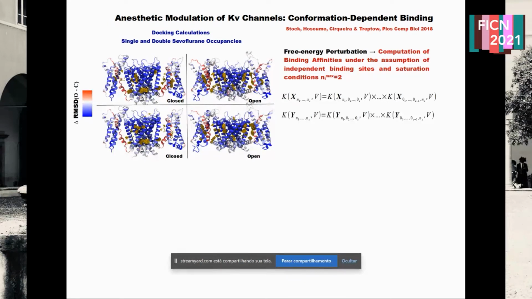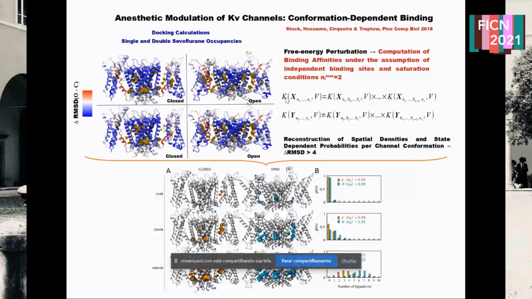Binding constants were then quantified from free energy perturbation calculations, as described before, and the probabilities were analyzed. So the three-dimensional densities as a function of the concentration show a clear difference between the open and closed states. Indeed, quantification of the occupancies as a function of the concentration shows an excess number of bound ligands to the open state.